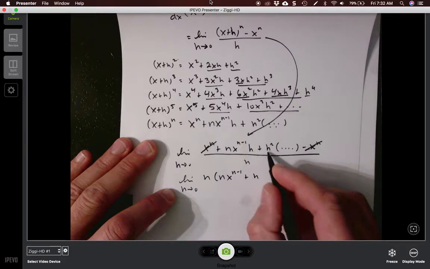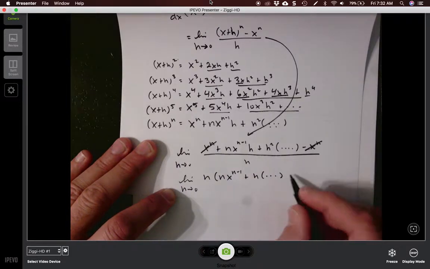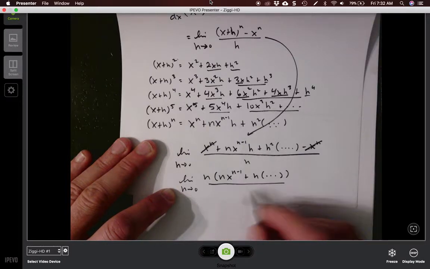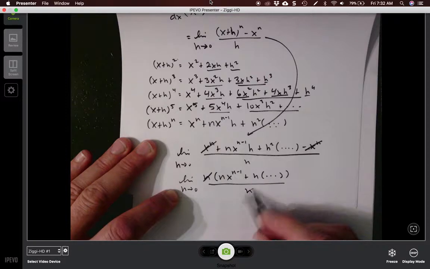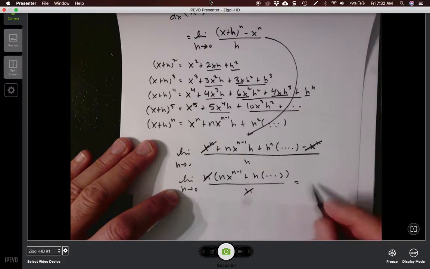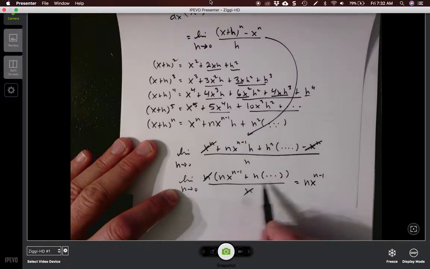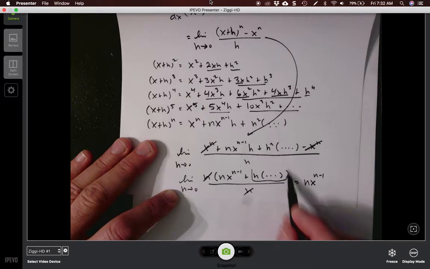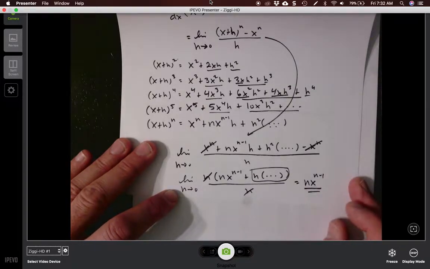And if you take an h out of all of these terms, you're going to be left with h times all that extra junk, and then divided by h. Right? And then as h goes to 0, those are going to cancel. And then as h goes to 0, you're going to be left with nx to the n minus 1. And then as h goes to 0, all of this extra stuff is just going to go to 0. Right? And so you're going to be left with this expression.